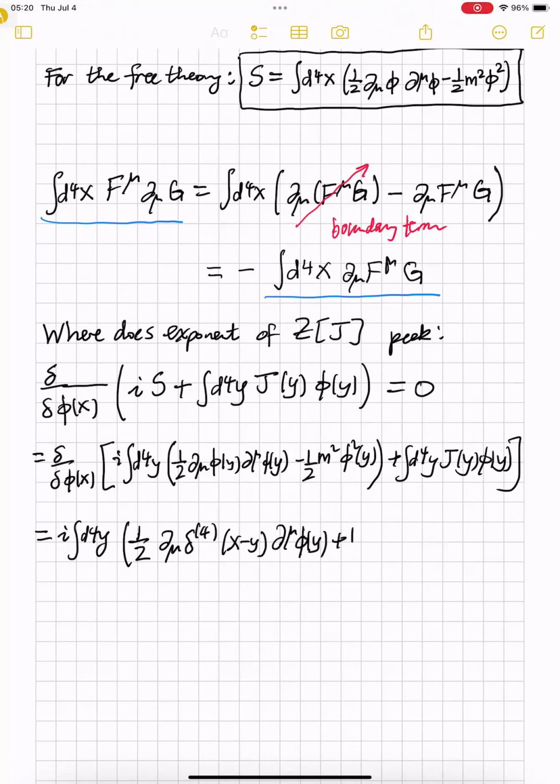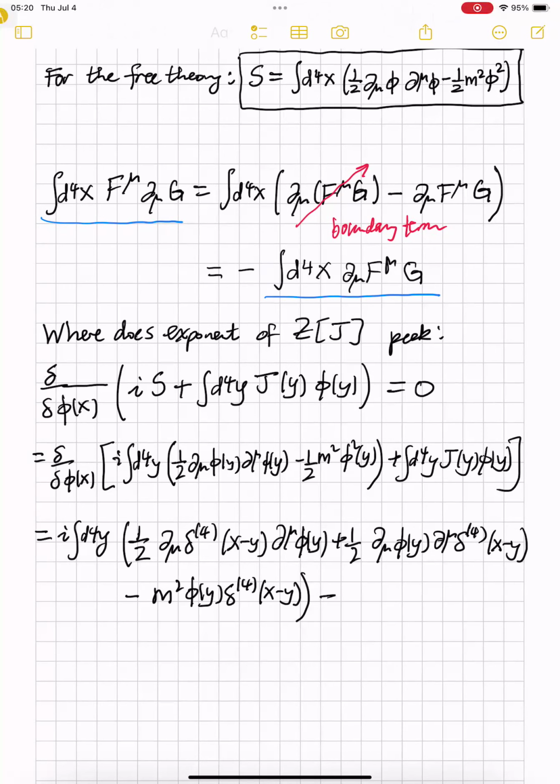And then we'll have plus, and now we can differentiate the second φ(y), and again we get a 4D Dirac delta. And then we've got minus, if we differentiate the φ squared, we'll get 2, so that'll cancel the 1/2. So we'll have m² φ(y) times a delta of 4, x minus y. Good. That's from the first term.